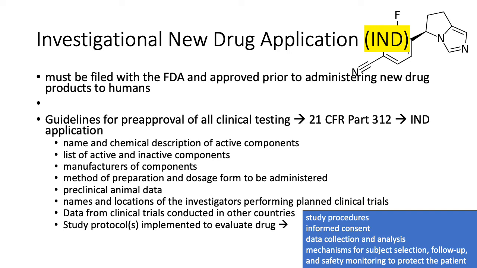If you are conducting research in humans, they should agree on conducting the experiments, so they should sign something called informed consent. Also data collection and analysis procedures and mechanisms for subject selection or randomization, how to follow up with them, and how to monitor safety of the drug.